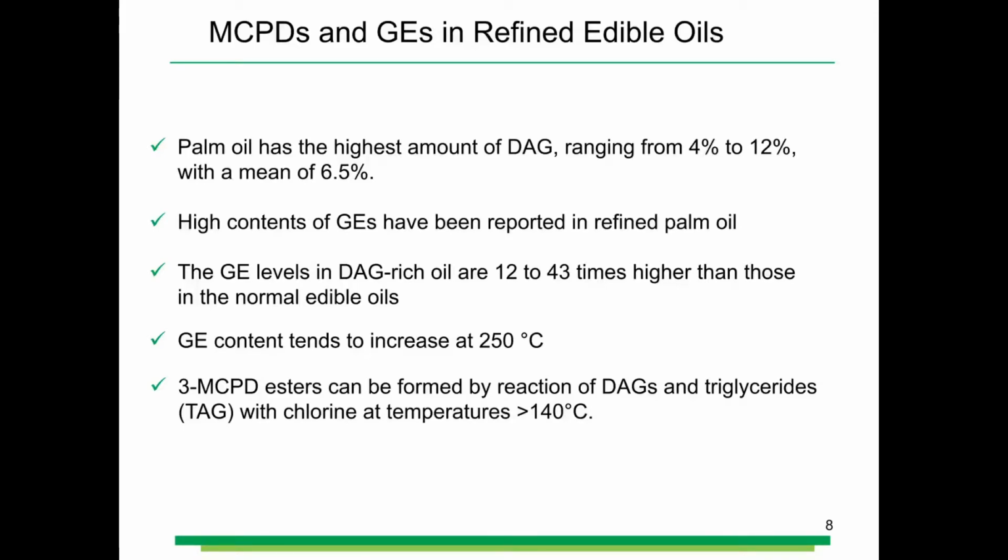More recently, process-generated contaminants such as MCPDs and GEs in some refined oils have become a concern. For example, in palm oil, which has some of the highest content of diacylglycerides, the use of high temperatures and long residence times tend to generate these contaminants, MCPDs and GEs.